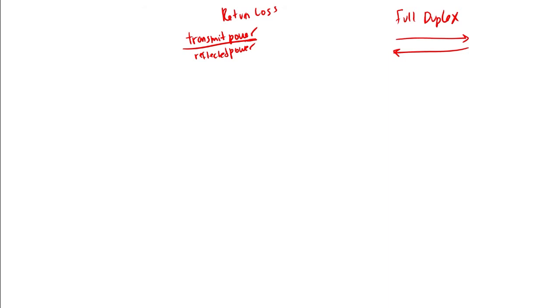And that means that the source expects its data to bounce back without any loss. So having almost no return loss is very, very good. Now, of course, no system is going to be perfect, but we can measure return loss with the formula negative 10 log P reflected over P transmit.